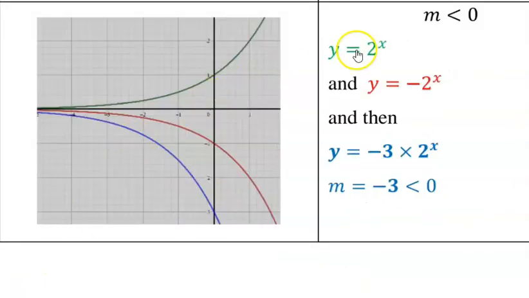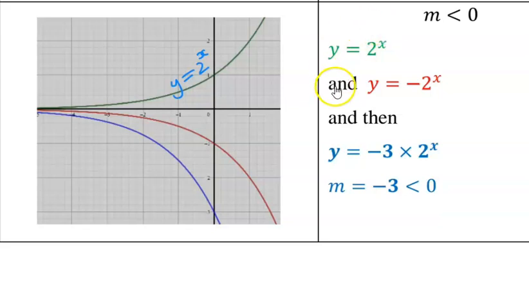Let's look at the exponential function again. If I look at my mother graph, y equal to 2 to the x, that's my regular one.